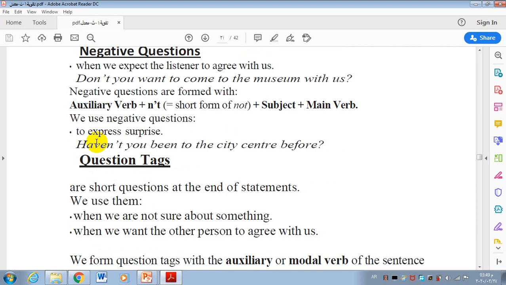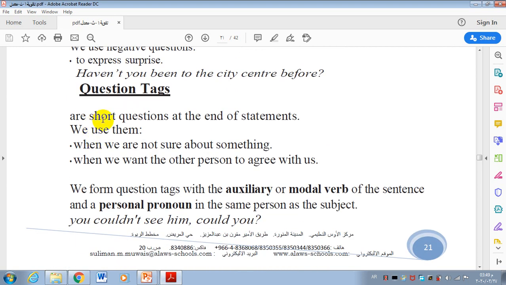Okay, now let's move to the question tags. What are question tags? The question tags are short questions at the end of statements, and we use them when we are not sure about something or when we want the other person to agree with us.